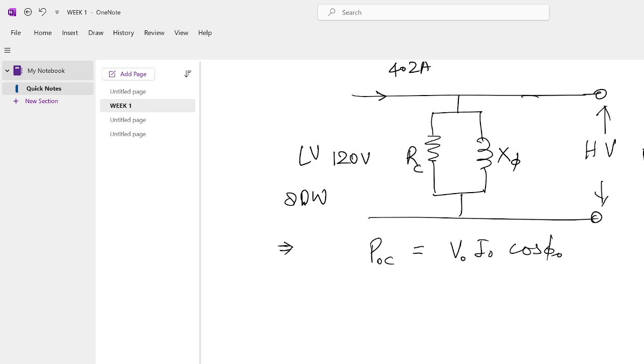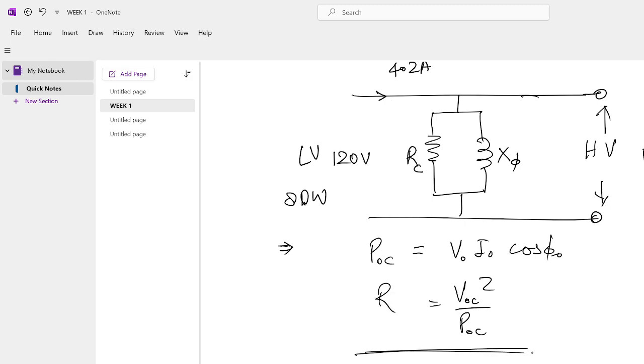Please try to calculate the value of RC from here. We can write RC equals V naught OC square upon POC into cos phi.